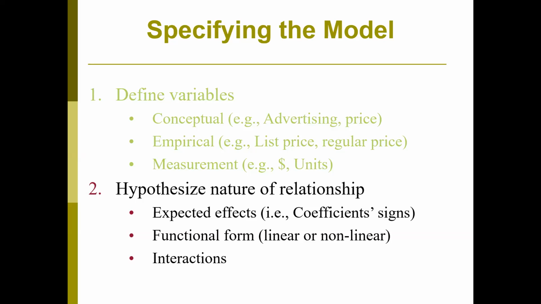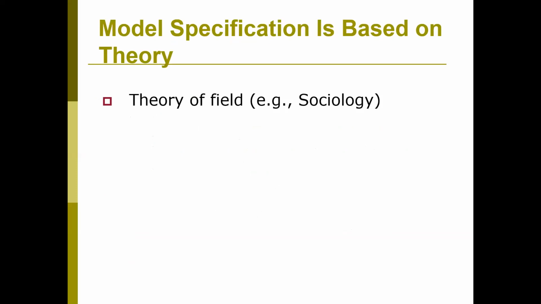Okay, the next thing I'm going to talk about is model specification. So what do I need? That can be based on, of course, the theory of the field. What do I mean by the theory of the field? If I want to carry out regression analysis on sociological variables, then it means I need background information about sociology.